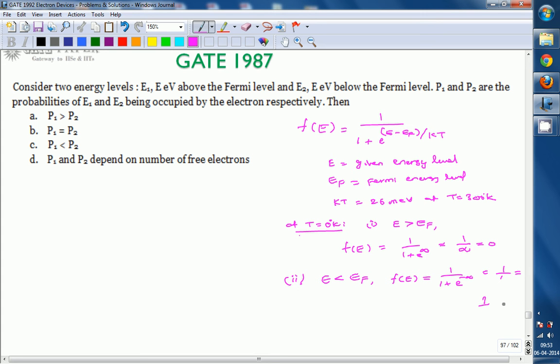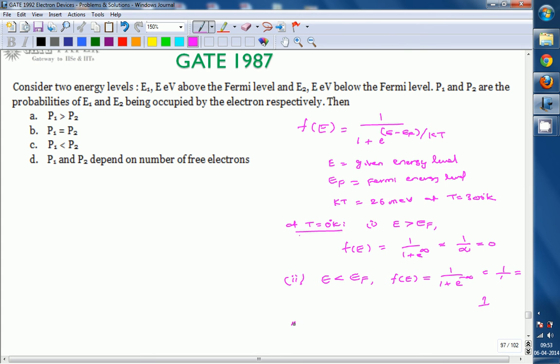That implies that if the energy level lies below the Fermi level, it is definitely occupied by the electron. So all the energy levels lower than EF are filled, occupied energy levels.